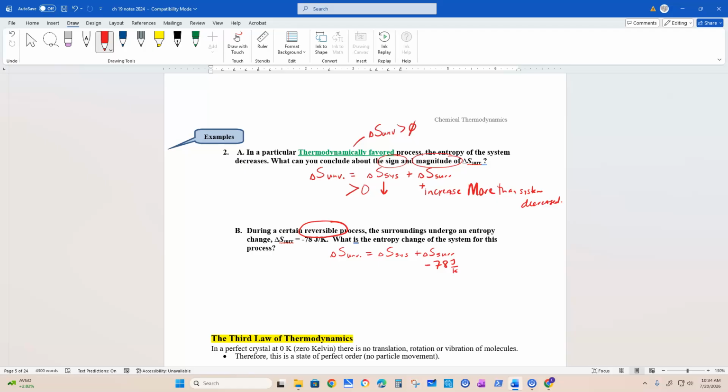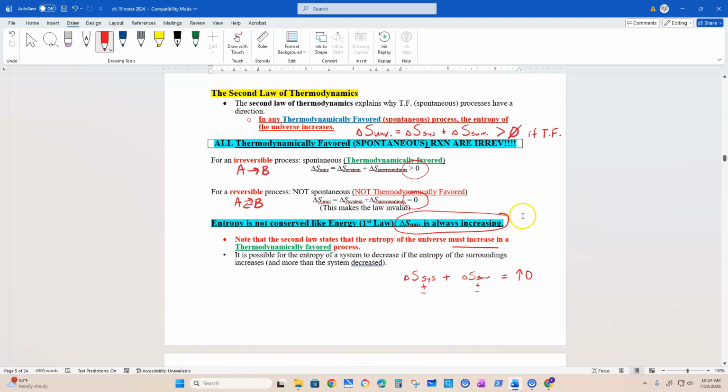Thermodynamically favored means that it's irreversible, which means if it's reversible, it's not thermodynamically favored, which means the delta S of the universe has to equal 0. Not increasing, has to equal 0. So what do you know about the system? Well, for this to equal 0, the system has to be a positive 78 joules per Kelvin. Okay, very simple equation.